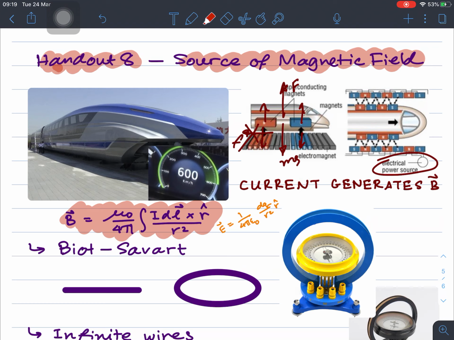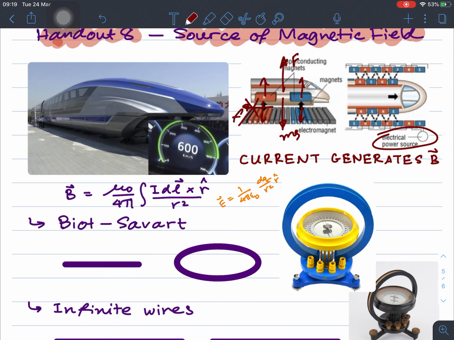In this handout, we are applying this equation to some different applications. We start by considering just a current in the form of a straight wire, and let's see how large the magnetic field generated from this source is.